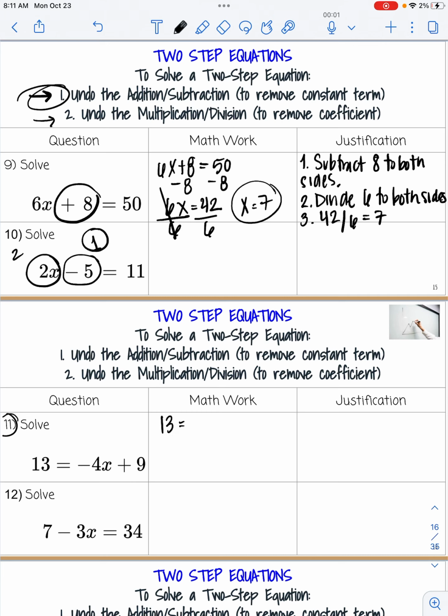So let me rewrite it. Negative 4x plus 9. First, we have to undo the addition and subtraction, which is the 9. That means I'm going to subtract 9 to both sides. And let me write that down. Subtract 9 to both sides.